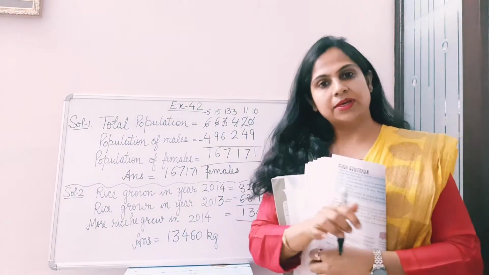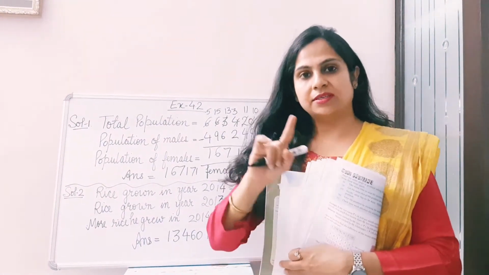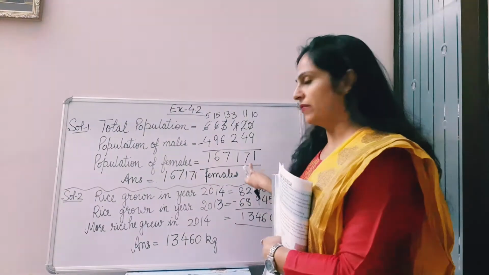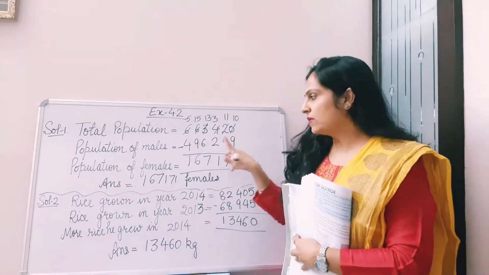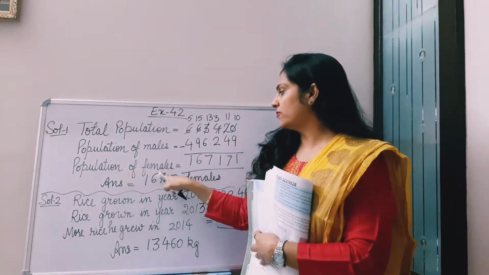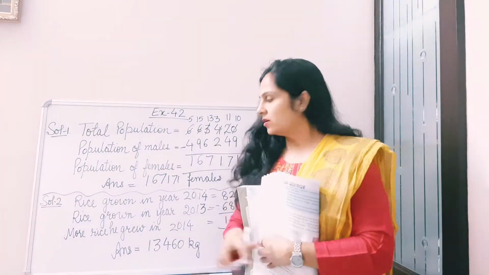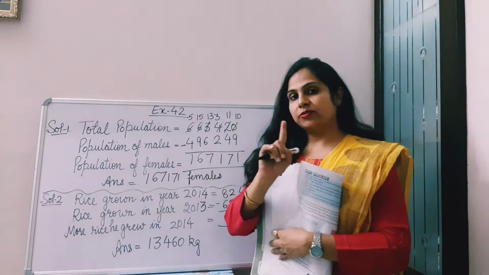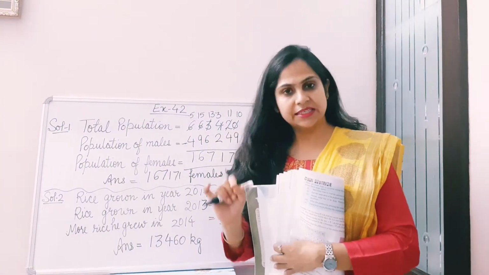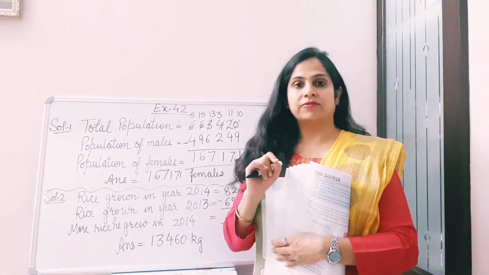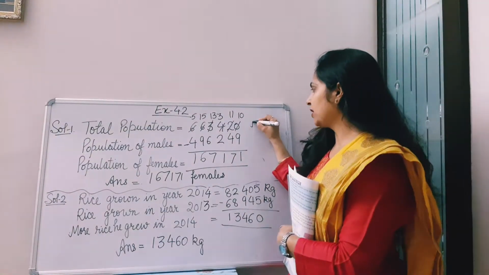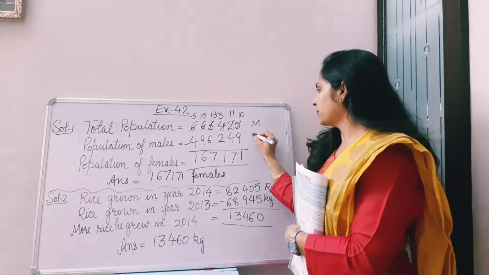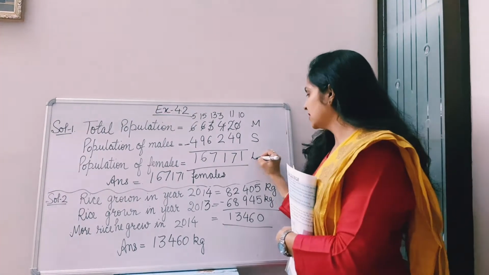Fine. Now the second last step is we have to solve it. You know how to subtract? Now you will subtract it and you will find the population of females. Clear? Now our answer is this. Now the final step is you have to check whether your answer is correct or wrong. How will you check? See, this is minuend, this is subtrahend, and this is difference.